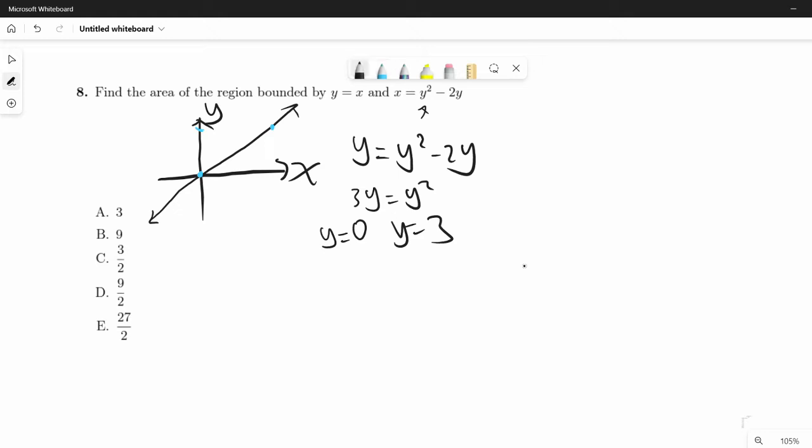Now again, the symmetry line can be used here, except y will be our x. So negative b over 2a, we have negative negative 2 over 2 times 1, so you can see the symmetry line is actually at y equal to 1, so here's 1, 2, 3.